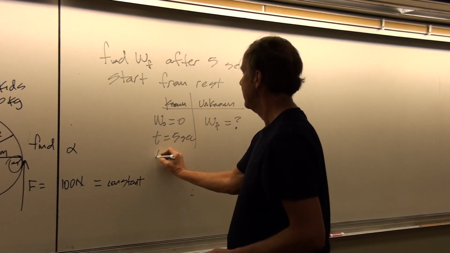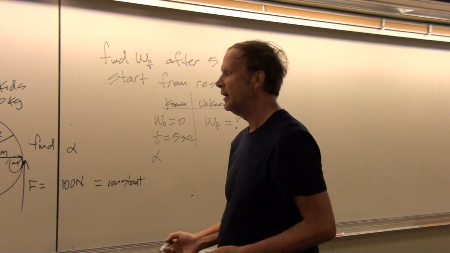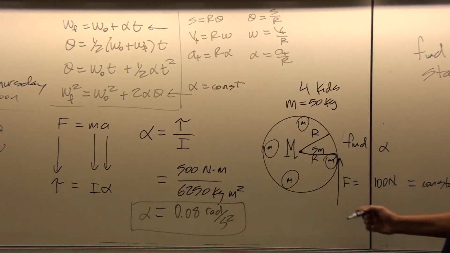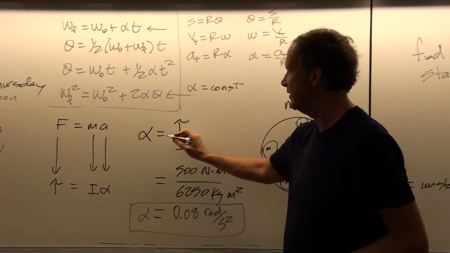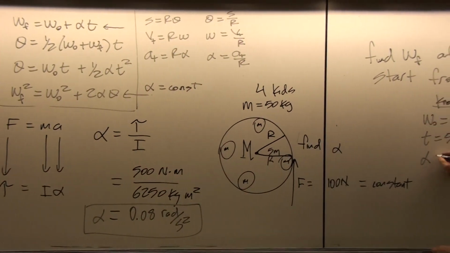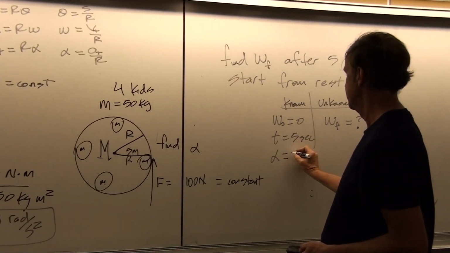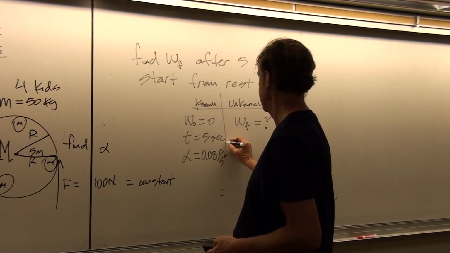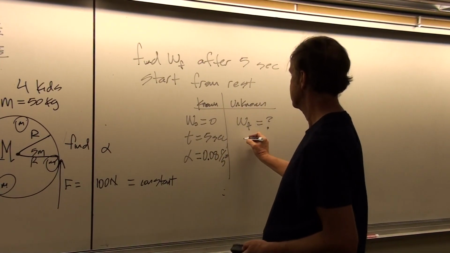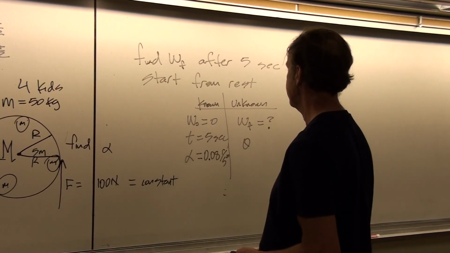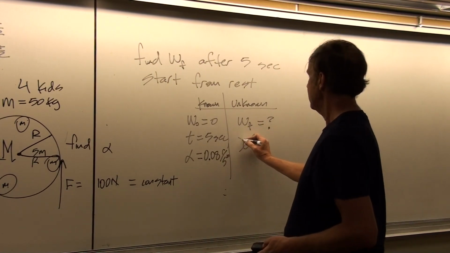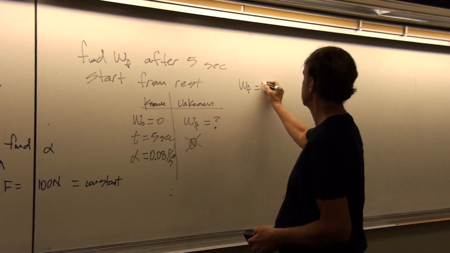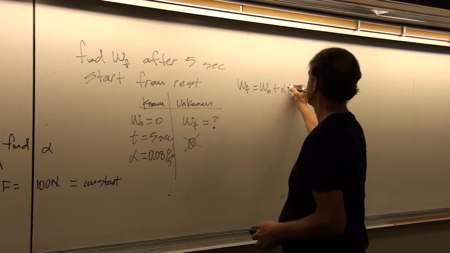And the alpha value is something that we wouldn't have known before, but we're able to solve for that now using torque equals I alpha. So without the torque equals I alpha equation, we don't have enough information to obtain our third unknown. But here we've got it, 0.08 radians per second squared. Go back to our kinematics equations. The other unknown is the angle theta, so we can eliminate all equations involving theta, and that leaves us with omega final equals omega initial plus alpha t.